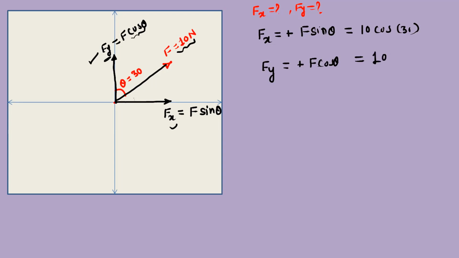F is 10, sorry, this is sine. This is F sin theta, and this is F cos theta. So 10 cos 30, and the unit will be Newton. So this is the resolution of the given force 10 Newton along the x and y directions.